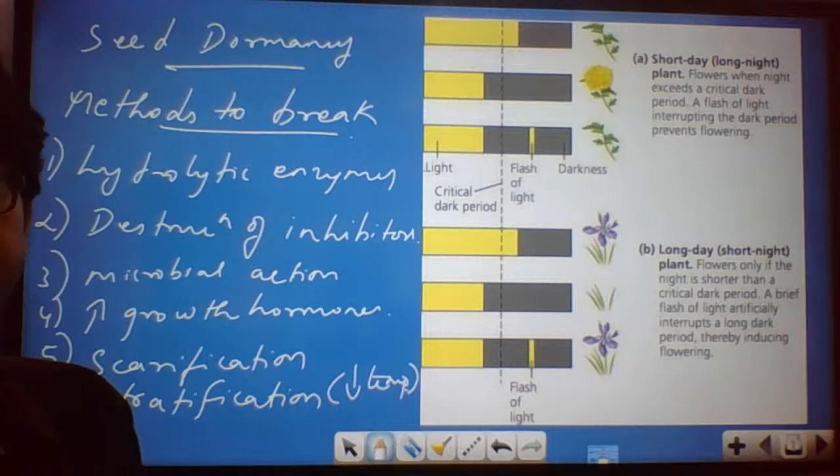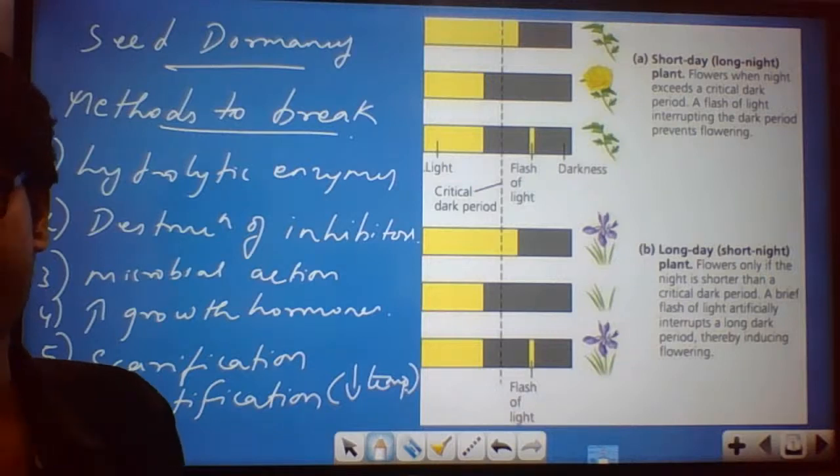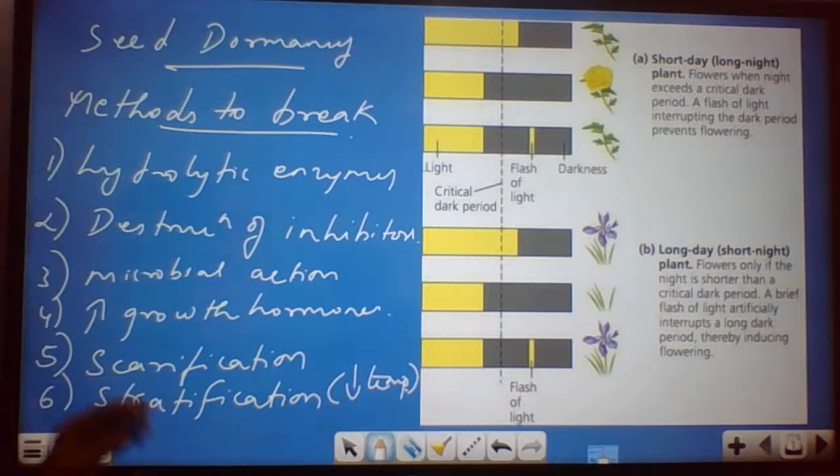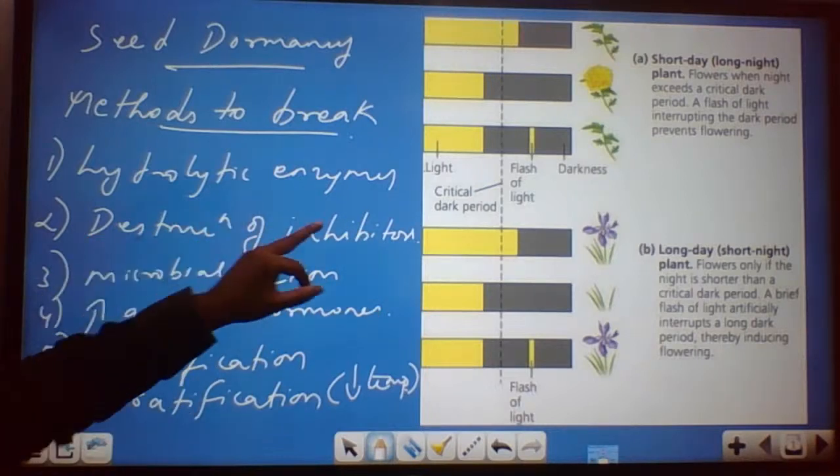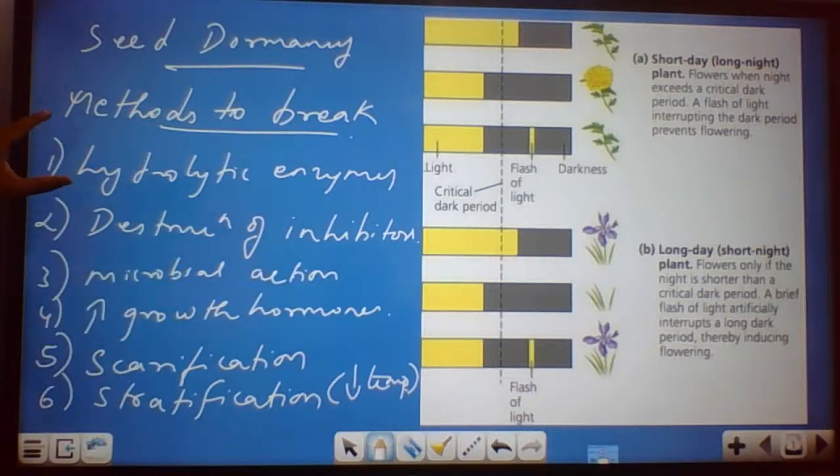Priyanka Ravishankar answered matrix epithelium cell. The cell responsible for nail growth is a matrix epithelium cell. Okay, fine. Thank you, Priyanka. So destruction of inhibitors is the second method by which you can break seed dormancy.